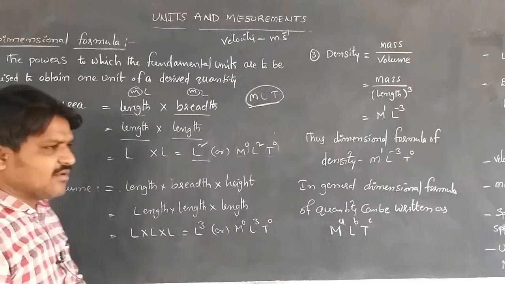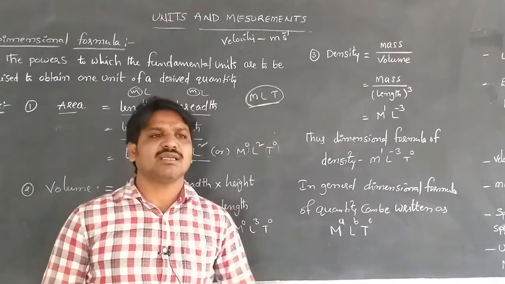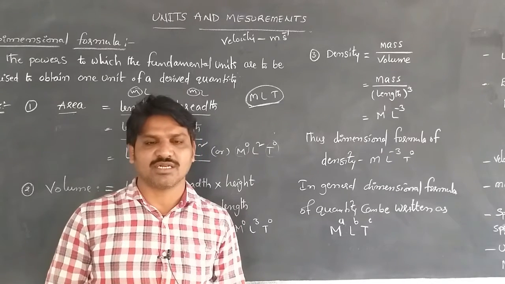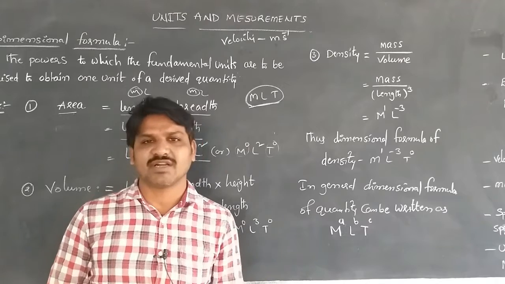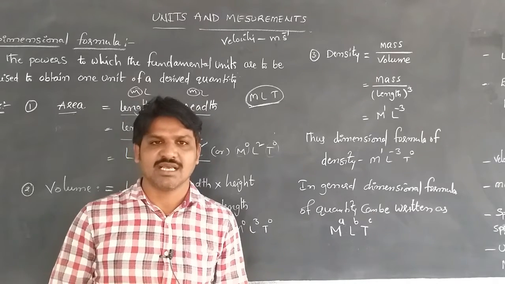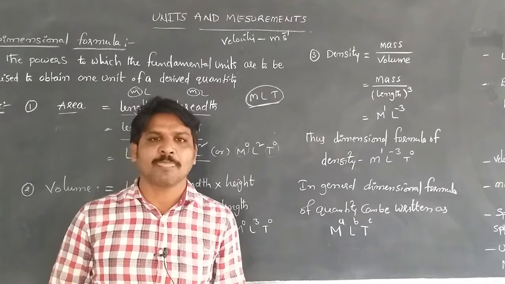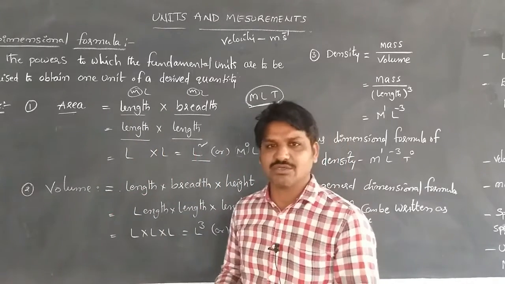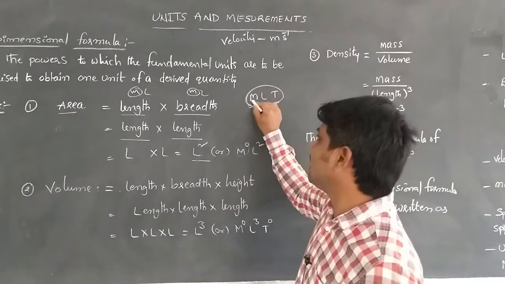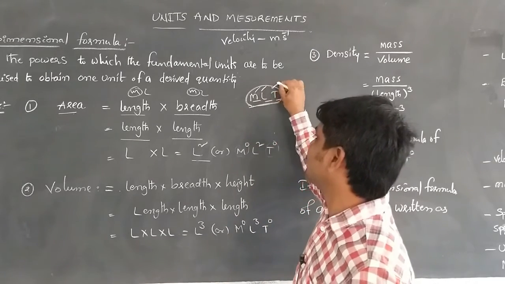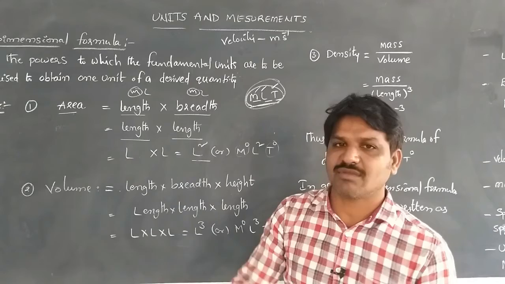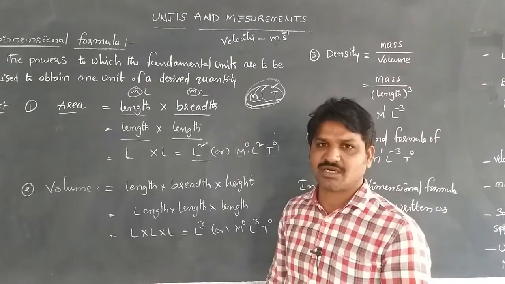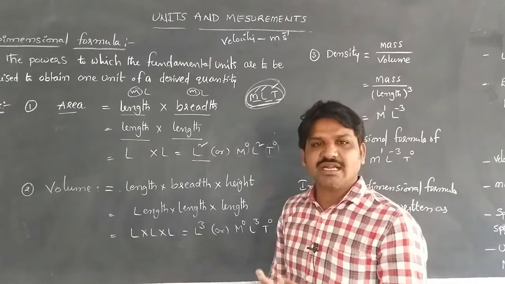In terms of dimensional formula, once again we can say that if we express the derived units in terms of fundamental units, that can also be called a dimensional formula, because we are expressing the derived units in terms of mass, length, and time. Mass, length, and time are fundamental quantities which can be derived directly.